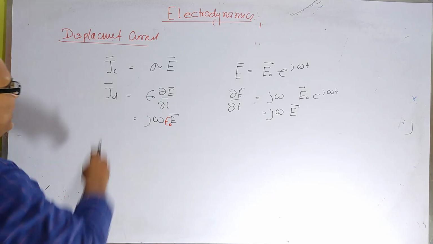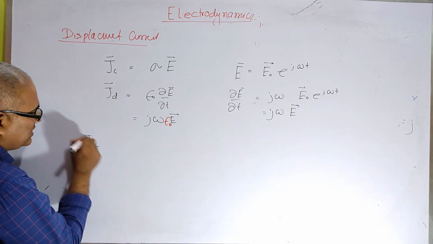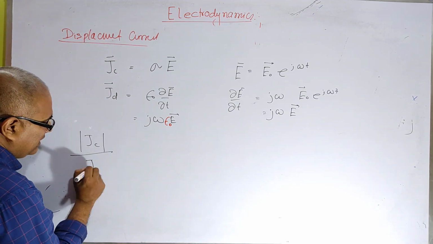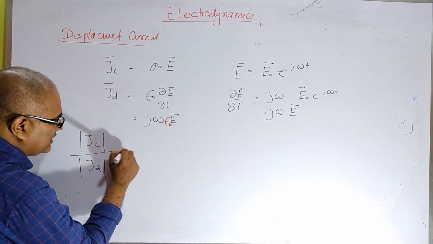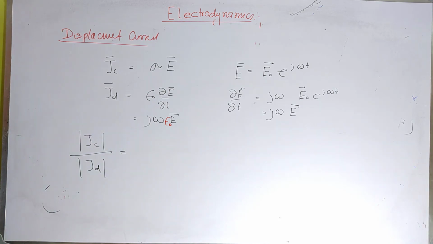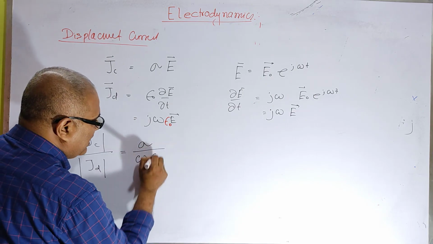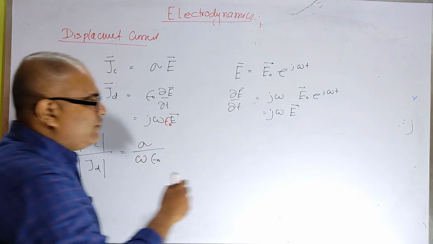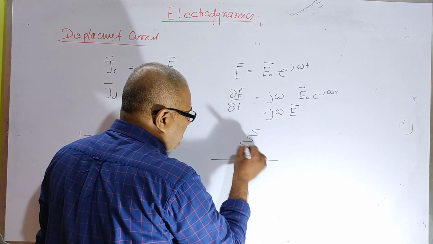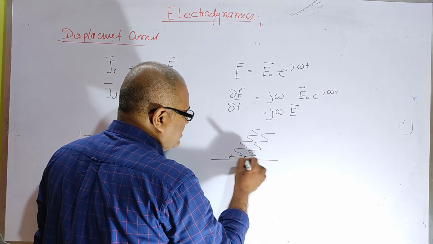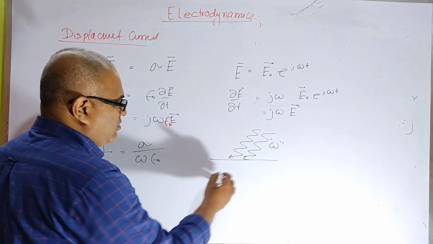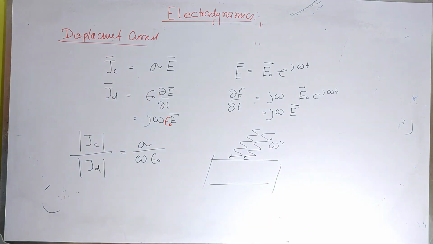And this epsilon naught, don't forget to write here. So now compare their magnitudes. J_C by J_D will be sigma by omega epsilon naught. Omega is the frequency of the incident field on the medium.